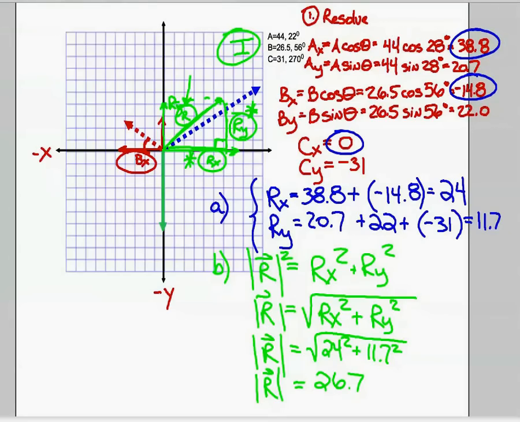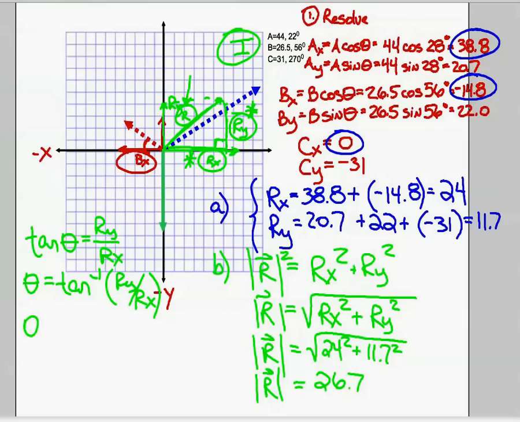The last piece here is finding the angle theta. Again, I can use the tangent function. We know that the tangent relates the opposite and the adjacent side, in this case the ratio of Ry over Rx. I'll take the inverse tangent of both sides, and I get theta is equal to the inverse tangent of 11.7, which is my y component of the resultant, divided by 24, which is the x component of my resultant. I get something just under 26 degrees, like 25.8 or 9. Let's see here.